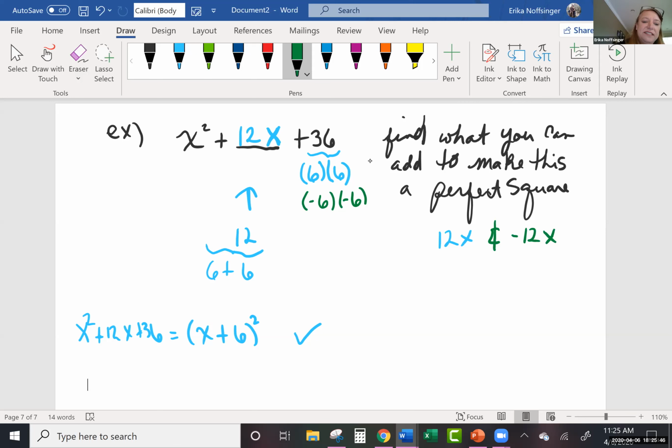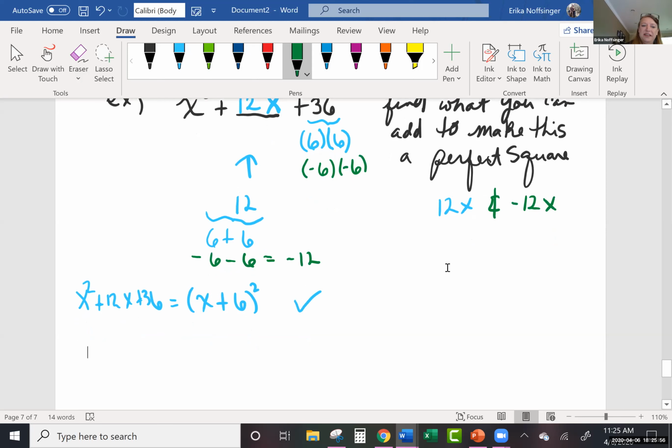Or negative 6 minus 6 equals negative 12. But we needed that x piece in there too. And so x squared minus 12x plus 36, if you rewrote this as a perfect square, it would be x minus 6 quantity squared.